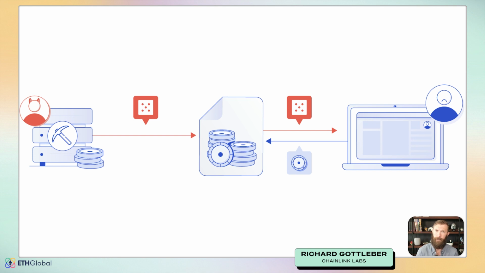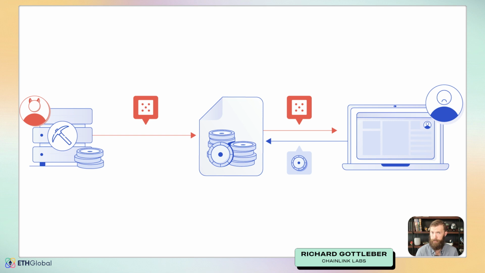Essentially, I like to think about this as if you are rolling a dice and you can't necessarily determine what value is going to be rolled when you roll it. It's still random, but a malicious actor could essentially re-roll that dice until they get the outcome that they would like. That's an issue, especially when you need random numbers that are verifiably random.